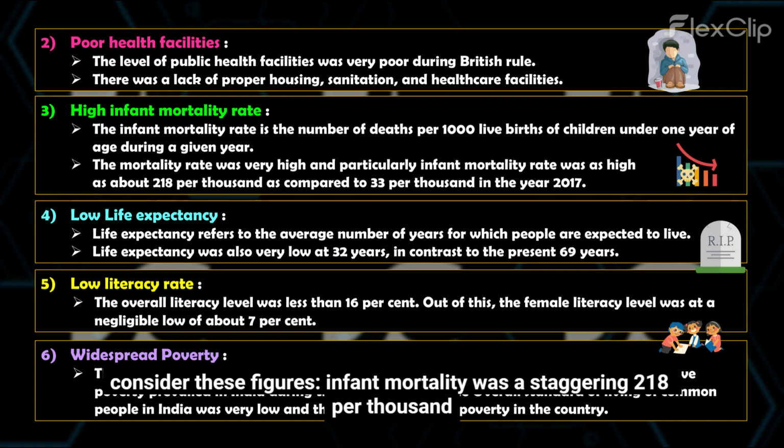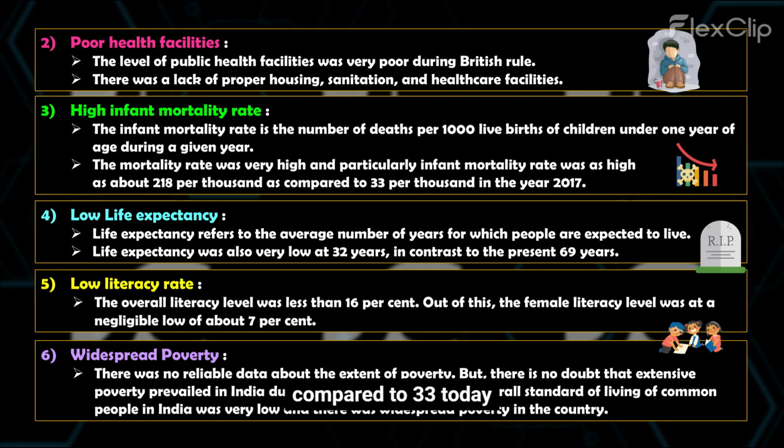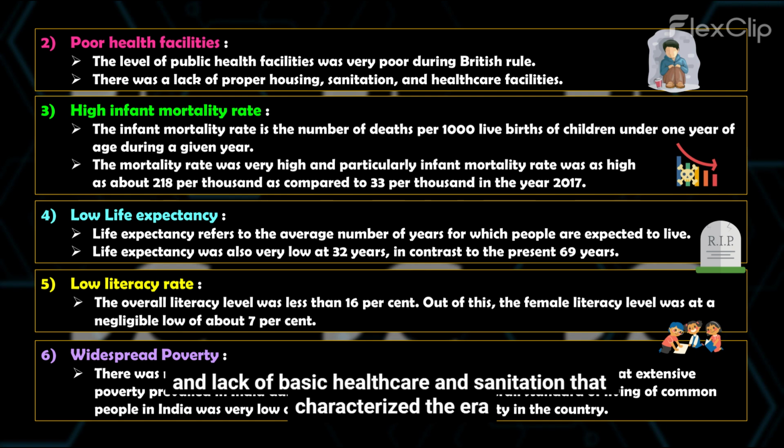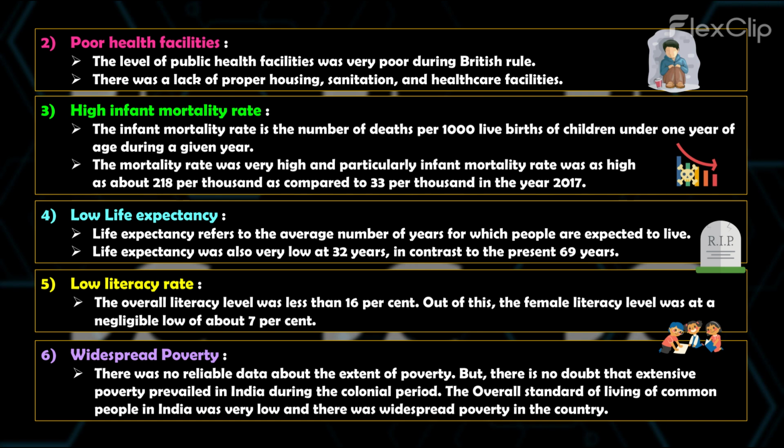Infant mortality was a staggering 218 per thousand, compared to 33 today. Life expectancy was only 32 years, and the literacy rate was a dismal 16%, with female literacy below 7%. These statistics reveal the deep-seated poverty and lack of basic health care and sanitation that characterized the era.